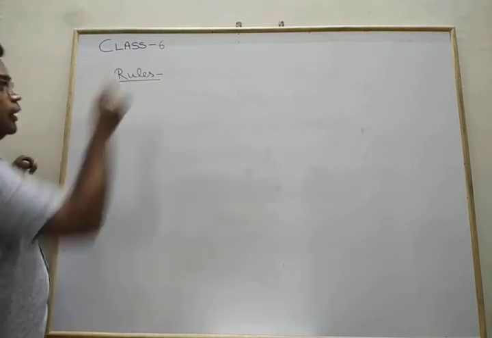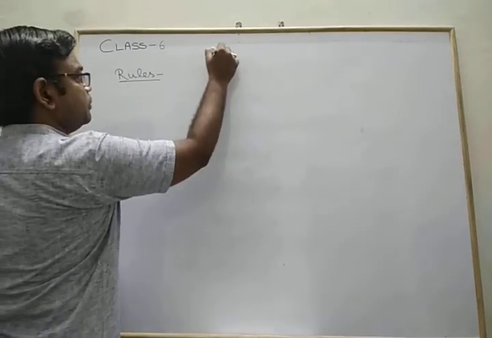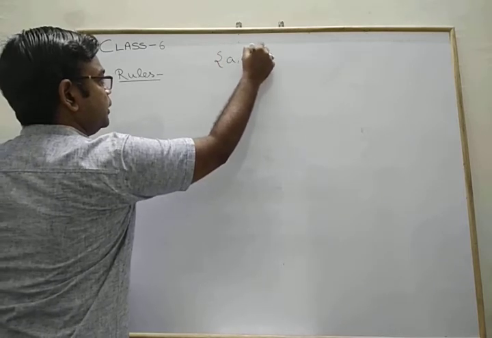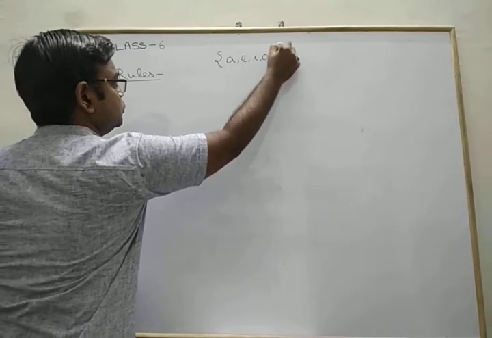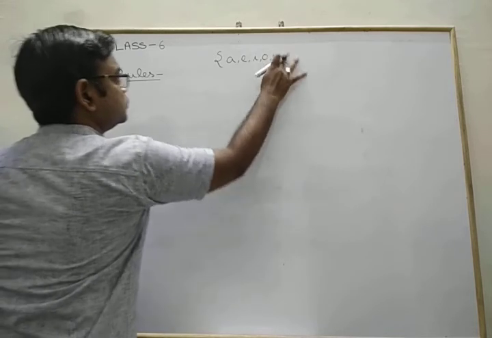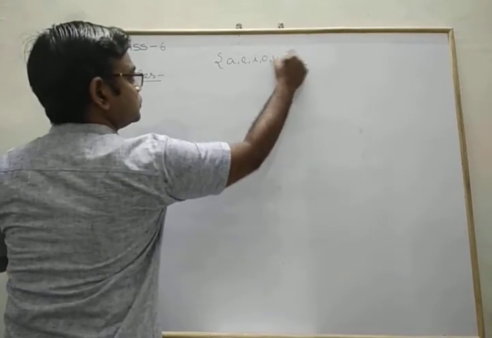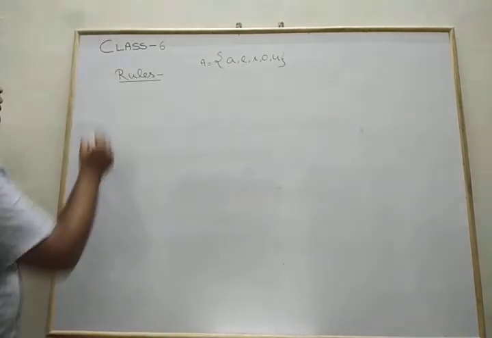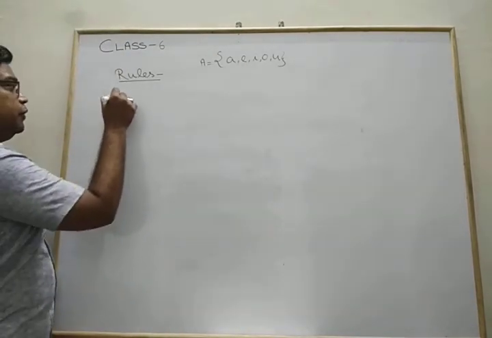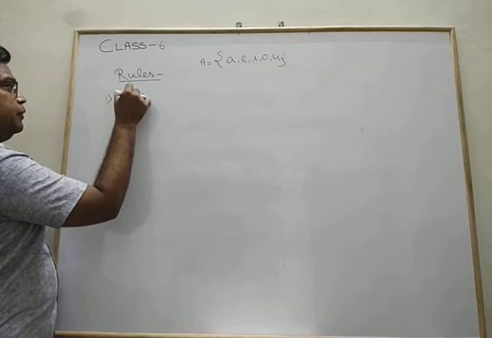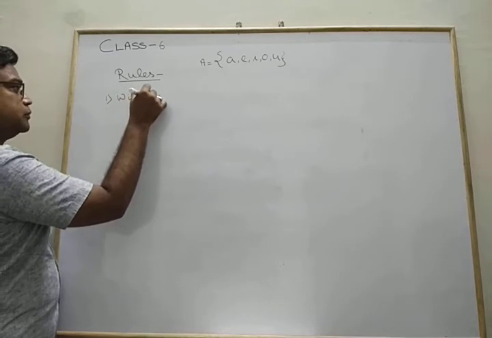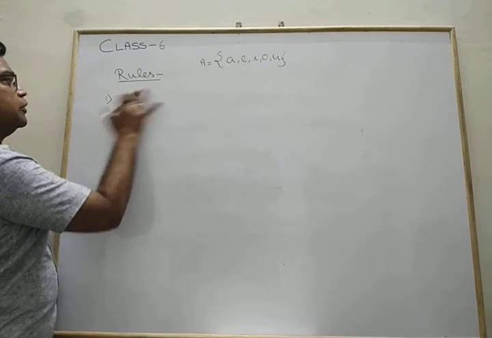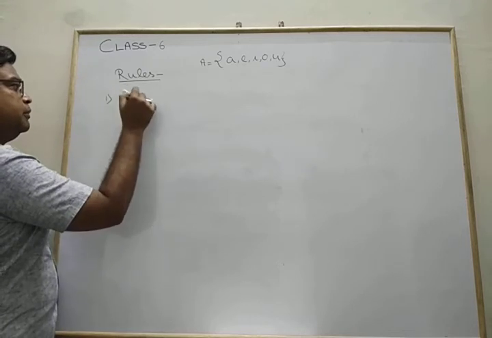First, I'm taking the example of English alphabet vowels A, E, I, O, U. The first rule is order within braces.